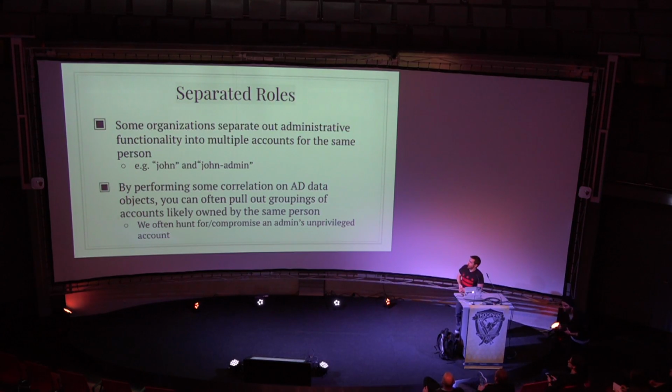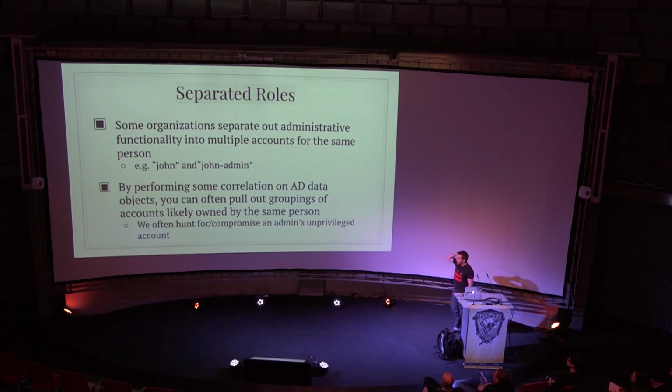So, separated roles. I'm sure people that go on pen tests and red teams here are very familiar with this. A lot of organizations separate out administrative functionality in how they set up the user and group roles for Active Directory. So a lot of users might have an unprivileged account and a privileged account. If you're a desktop admin or domain admin, you're probably not going to be running around with that privileged access all the time.